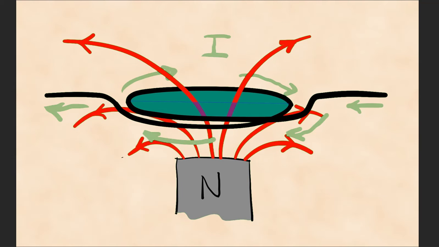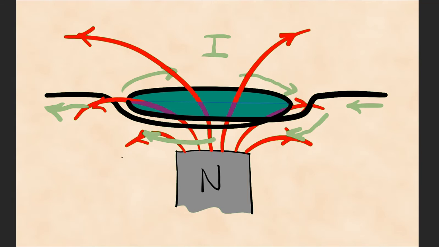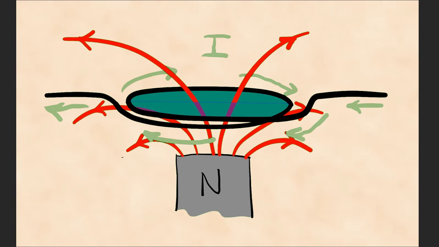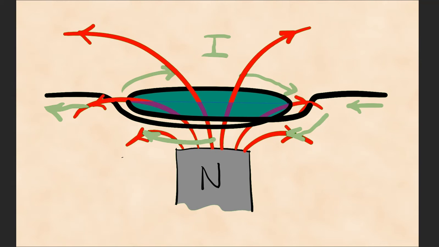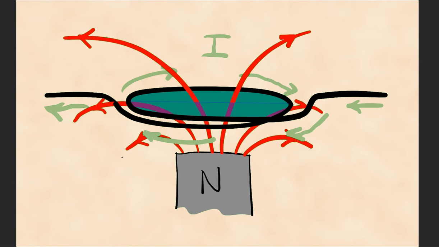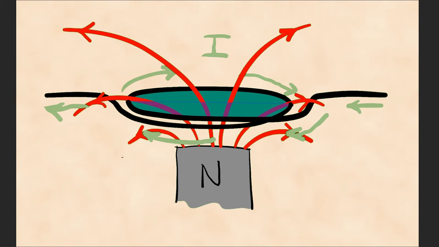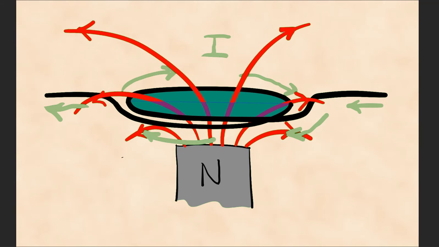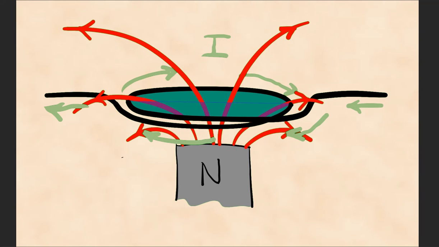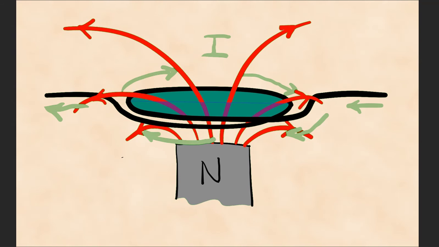As I move the bar magnet toward the coil, I'm increasing the flux. I'm adding flux to the wire because the magnetic field is getting stronger. The loop of wire will want to oppose that, and it will create its own magnetic field pointing in the opposite direction, pointing down. The way it does that is it creates a current flowing in this orientation so that it creates a magnetic field opposing the change in flux.